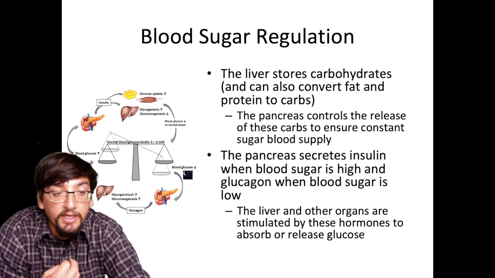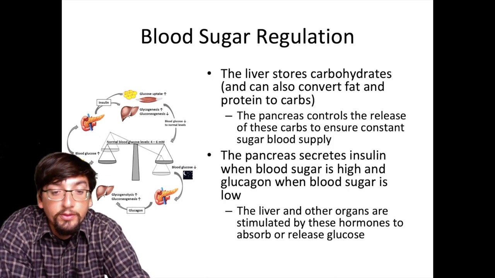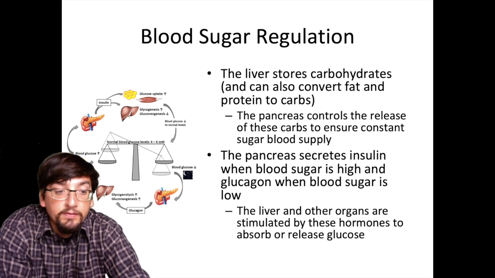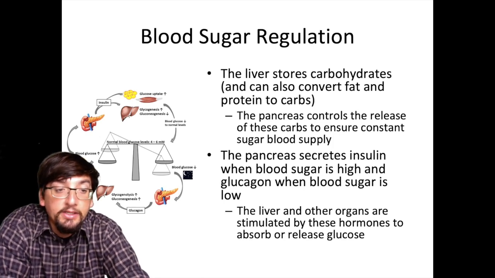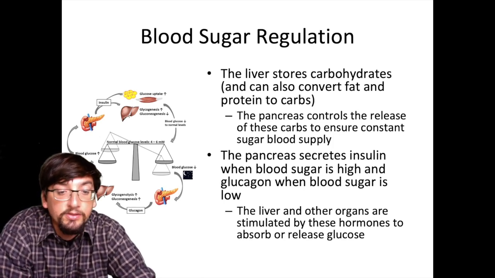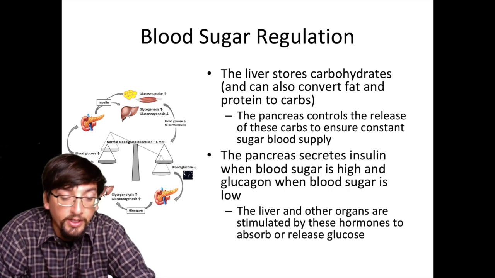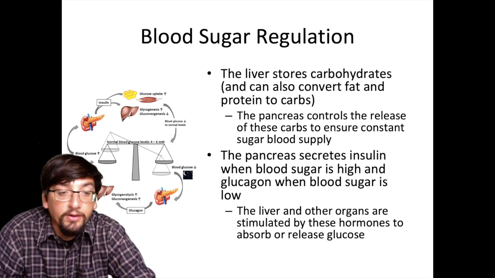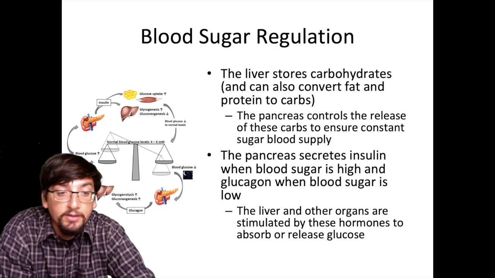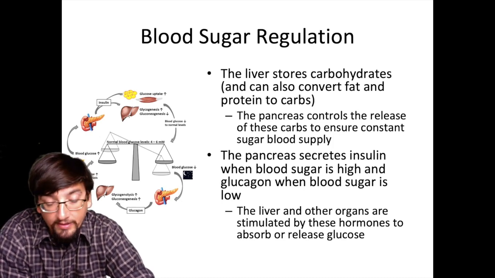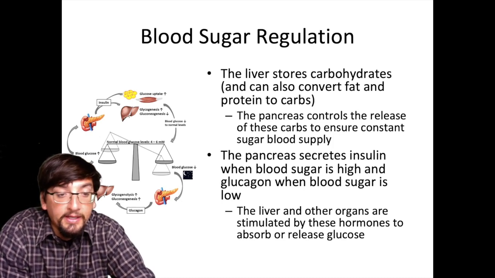So normally when you're eating food and immediately after you've eaten food, your pancreas secretes more insulin, your insulin levels rise because your food is being broken down and going into your blood. And if you fail to secrete insulin properly, or if your cells don't respond to insulin properly, we call that diabetes, meaning that your blood sugar goes really high when you eat. That can be very dangerous.